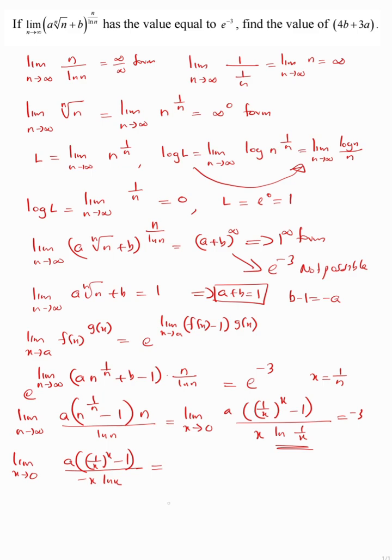If you want, you can find it like this: ln x by 1 by x. It will be infinity by infinity form. Log 0 is minus infinity. Then you apply L'Hopital. If you apply L'Hopital, this will be 1 by x, this will be minus 1 by x square, which will be minus x. So the denominator's limit will be 0 when x tends to 0. So this is 0 by 0 form. I hope it's clear.